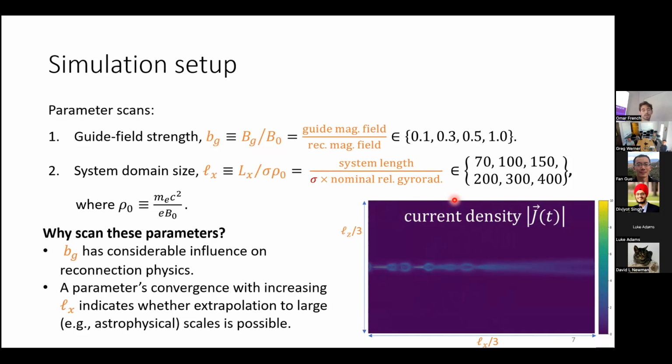What about system size? This was of primary interest because if a parameter converges with increasing system size, it may indicate that the parameter will no longer grow with system size, and this may be propagated to astrophysical scales, which are impossibly large to simulate.